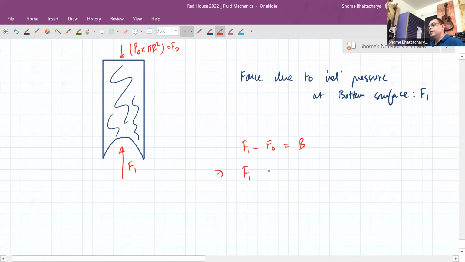So F1 minus P0 into pi r square would be equal to that buoyant force which we had got, which was density of water into 10 by 3 pi r cube into g. So you would have said that F1 is equal to this thing.